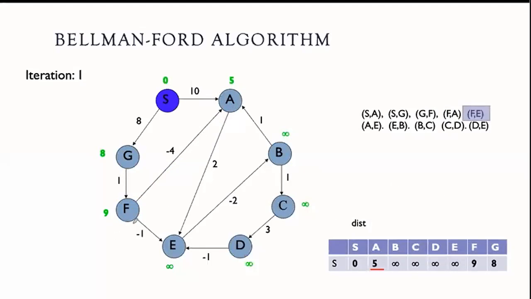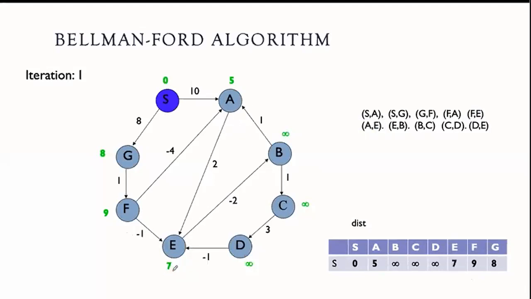Next, consider the edge F to E. Its distance is infinite. We can calculate the new distance. 9 minus 1, 8. F to E is 8. Okay, distance of E is 8. Next, one more edge is there, A to E. Its distance will be 5 plus 2, which is 7, less than 8.